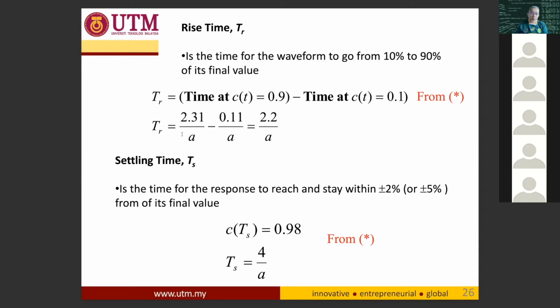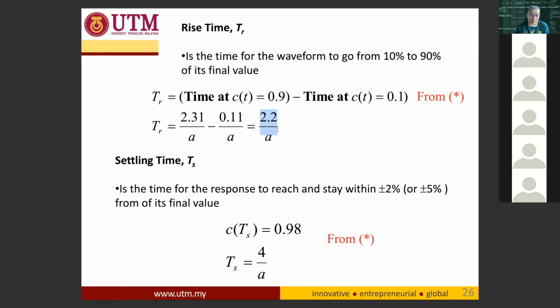The formula is 2.31 divided by A minus 0.11 divided by A, so 2.2 divided by A. This is the formula, subject to you knowing the value of the pole.